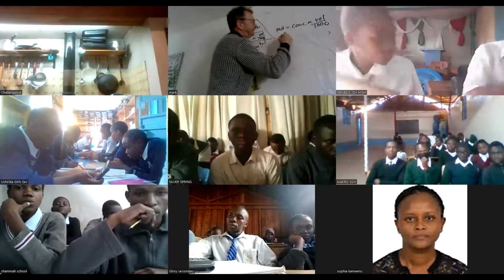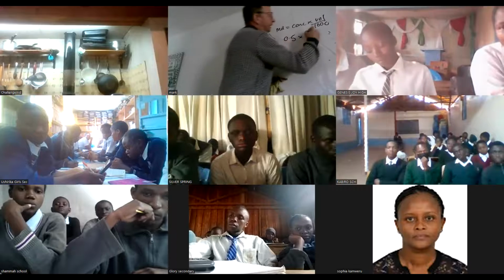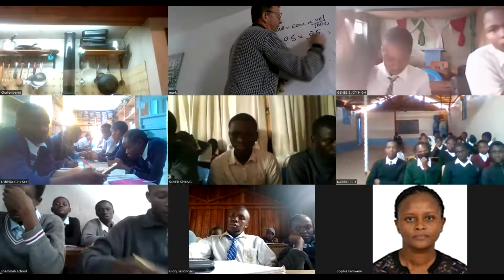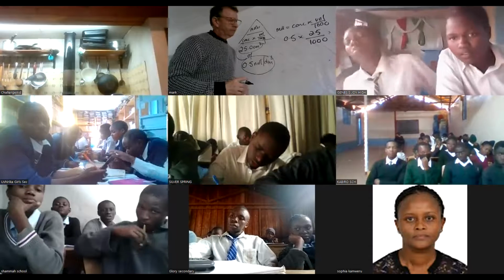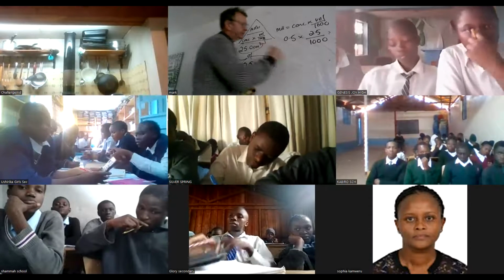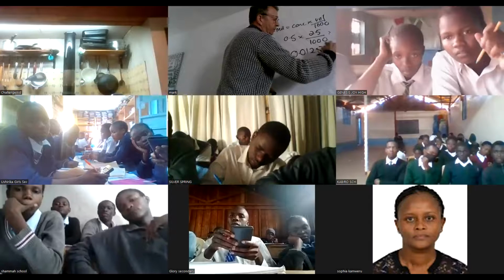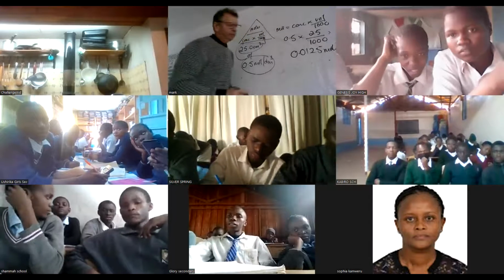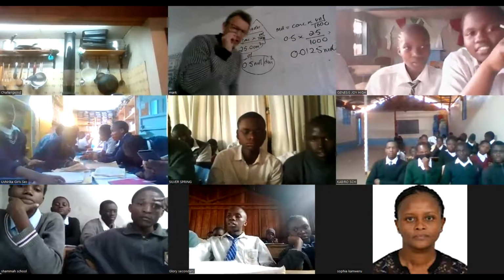Concentration, 0.5. Volume, 25 over 1000. That's how you do it. That is going to come out as 0.0125 moles. Okay?